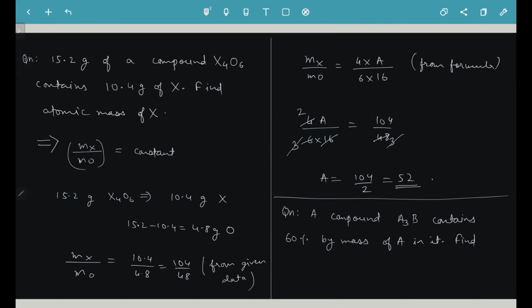Find the ratio of atomic masses of A and B.